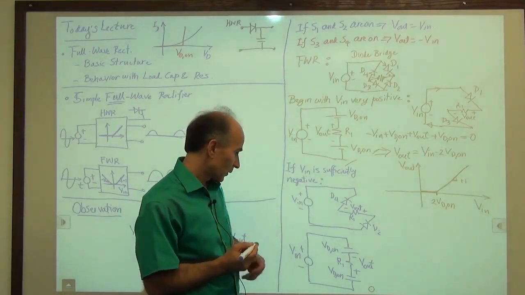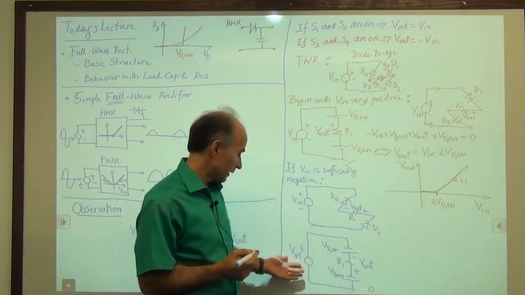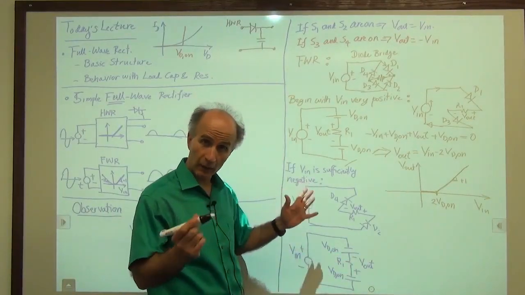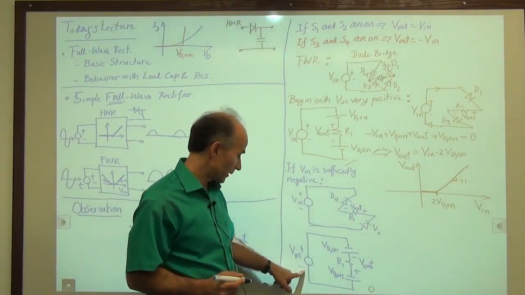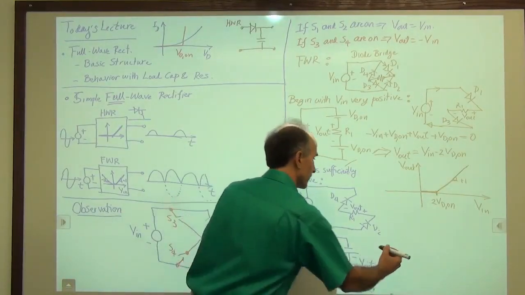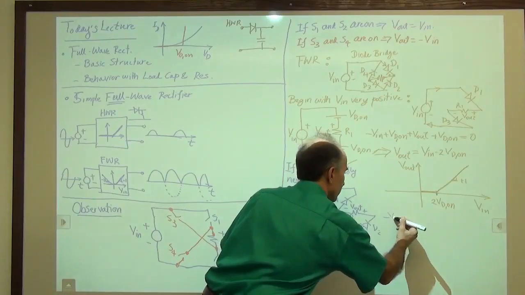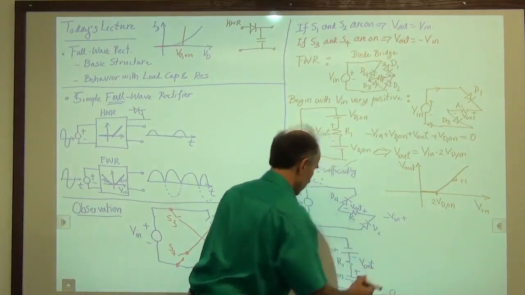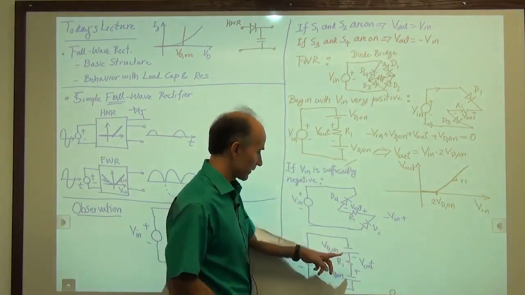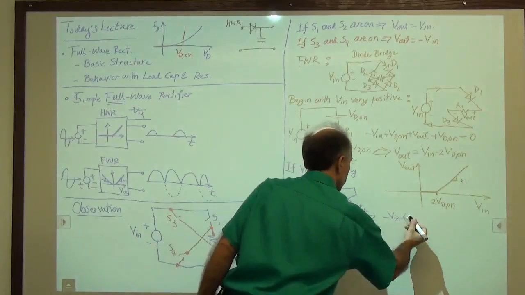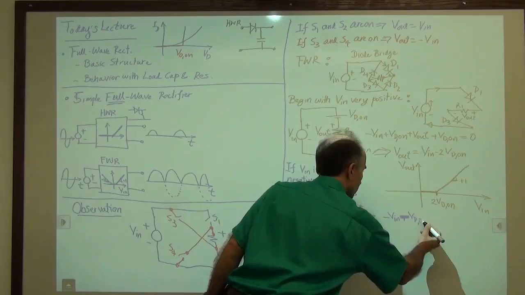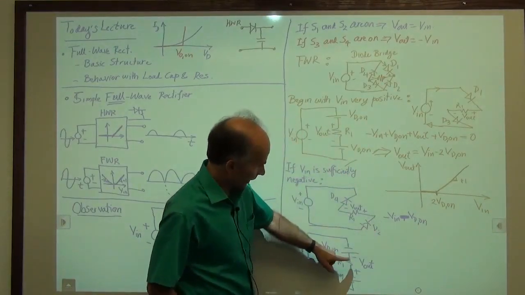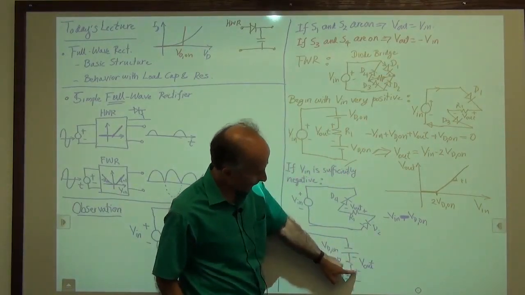Okay, so let's try to write V out in terms of V in. Again, if we want to be very careful, we just write a detailed KVL. Start from here, minus V in. So we have minus V in. Then we're going up here, sorry, minus. So I'll just do this minus VD on. Then V out has positive here, negative here.